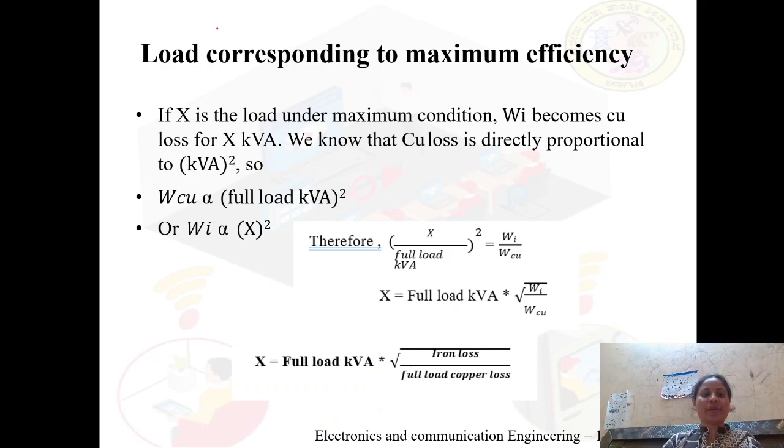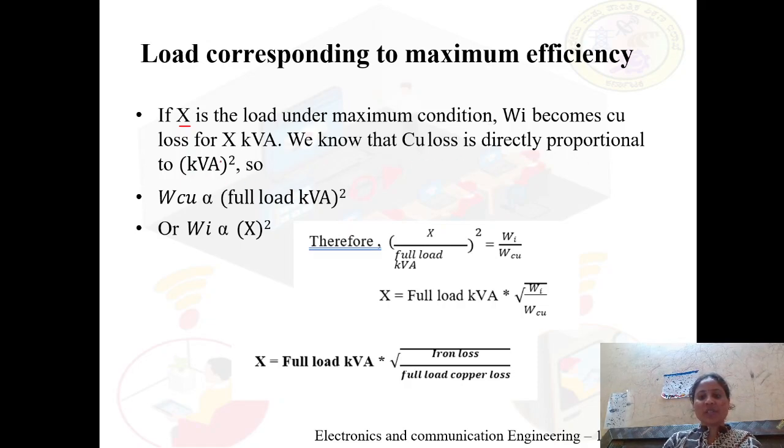One more important term is the load corresponding to the maximum efficiency. How can we represent the kVA and the fractional load which has been connected to the secondary winding? Let us consider the fractional part as X or N. You can take anything. For the maximum efficiency, we know that iron loss and copper loss are equal.